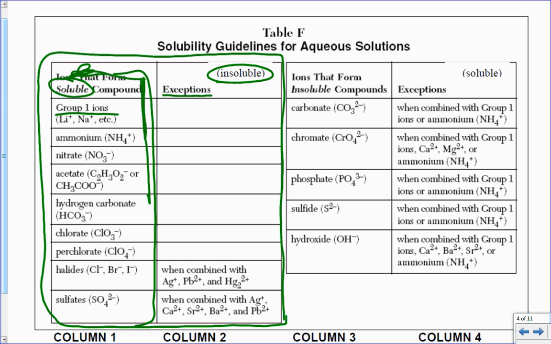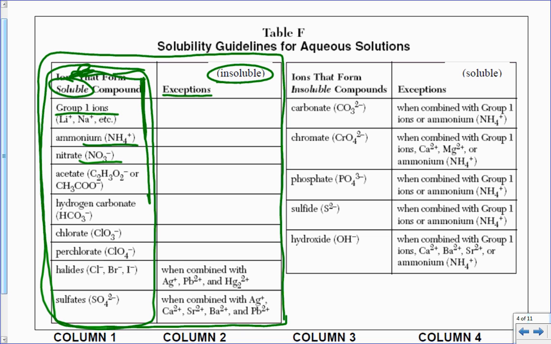This box, soluble. All group 1 ions, lithium, sodium, etc., are soluble. Anything attached with an ammonium ion is soluble. Anything that has a nitrate is soluble. We're getting the hang of this.